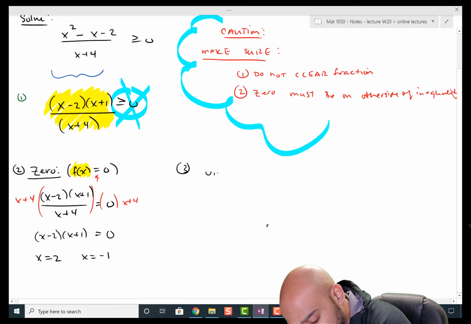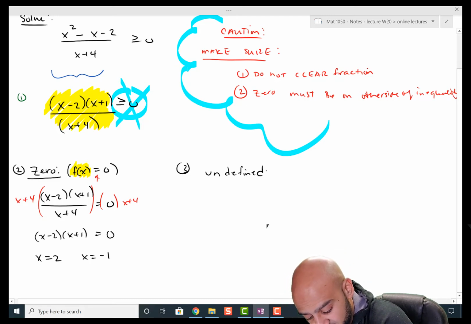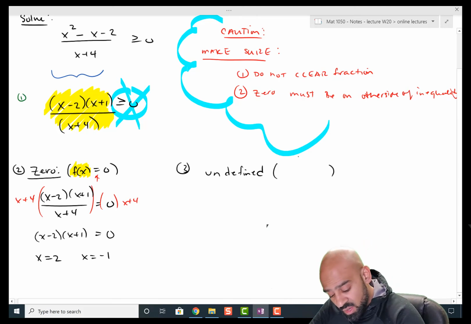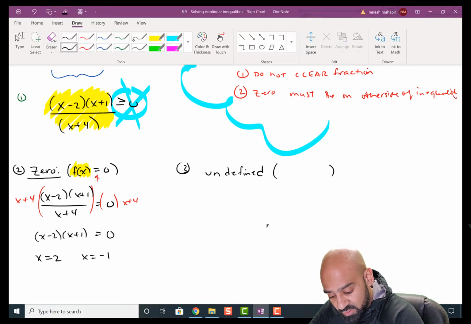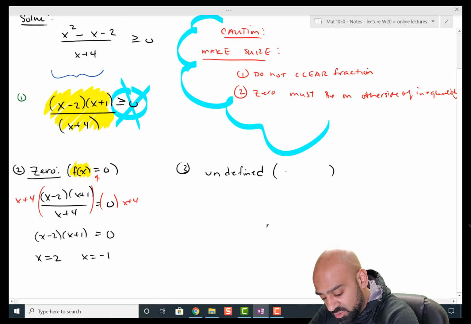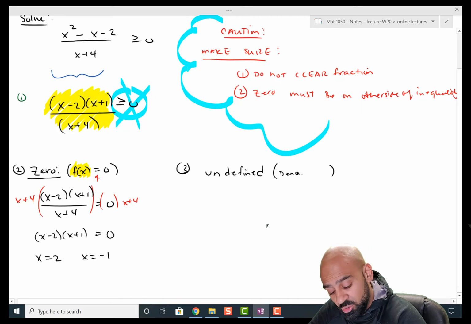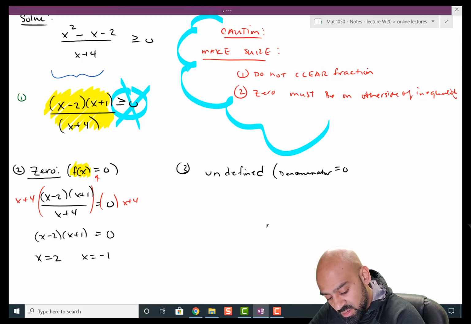And then when you solve this, just parlaying some of the work, I get these two numbers as being my zeros. Second thing you also need to gather is what makes this thing undefined. Again, what makes something undefined is no different than what we hit in chapter 2 when we're talking about domain. This is what makes the denominator equal to 0.